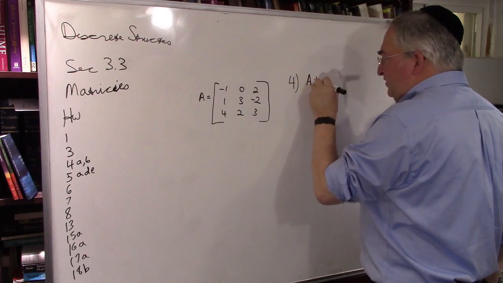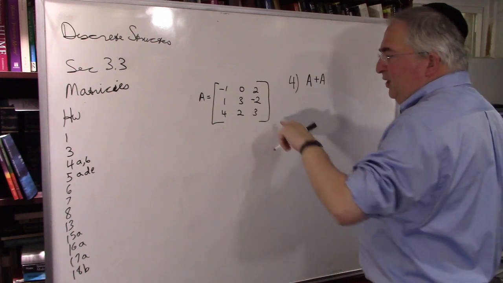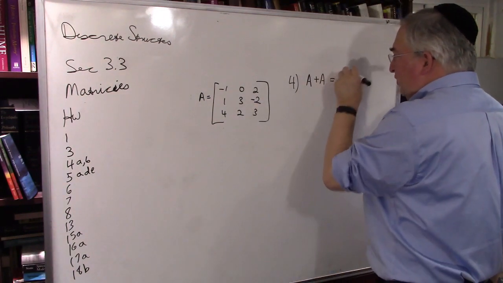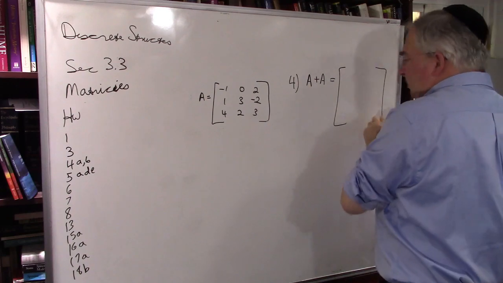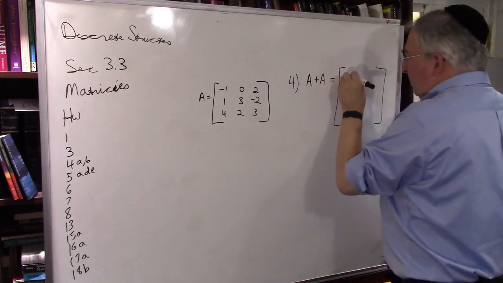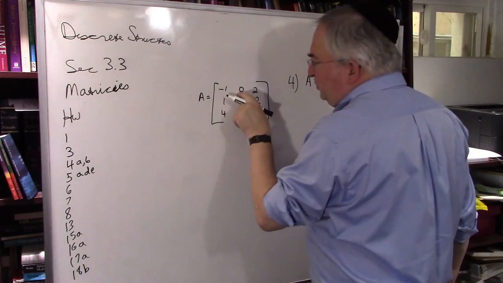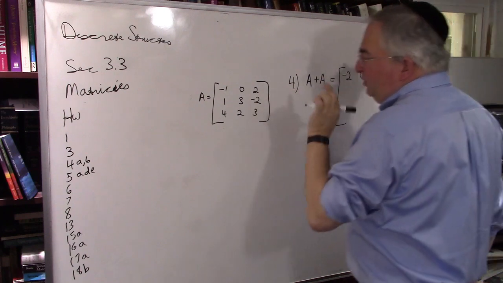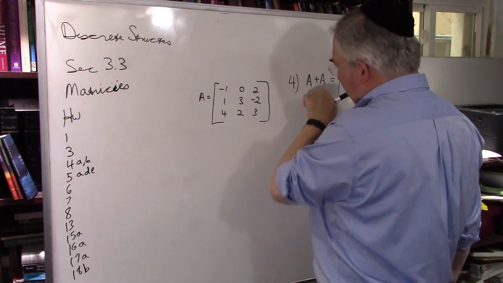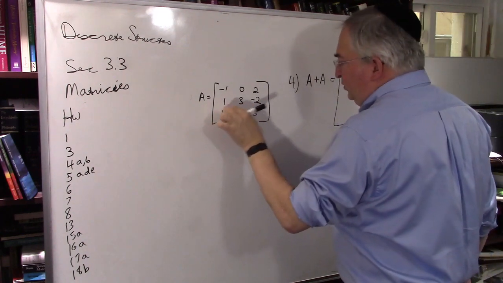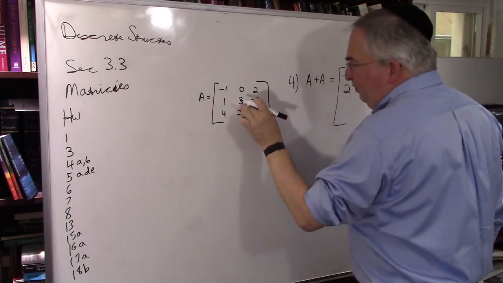A plus A is what? So I would rewrite A over here, and then we would do it. They're both 3 by 3, so minus 1 plus minus 1 is minus 2. Minus 1, 0 plus 0 is 0. 2 plus 2 is 4. 1 plus 1 is 2. 3 plus 3 is 6.